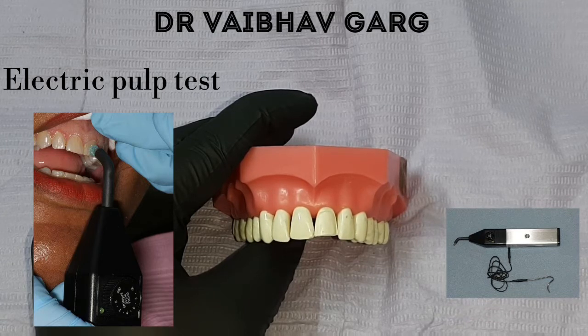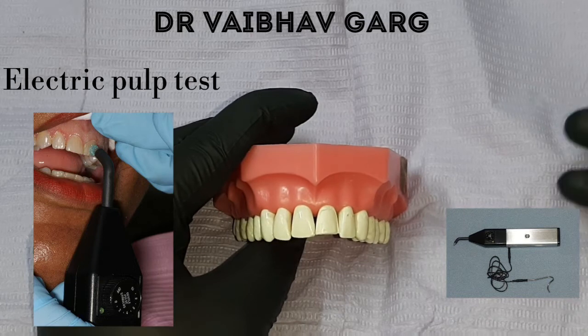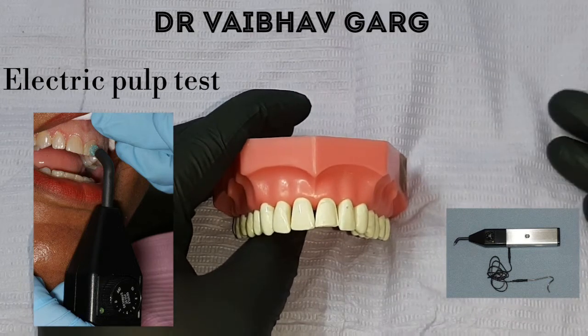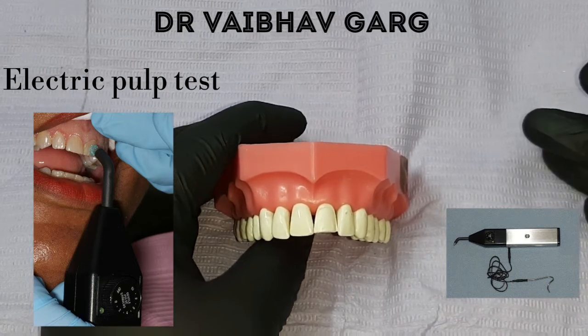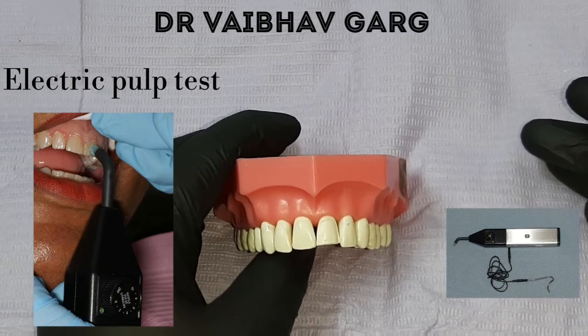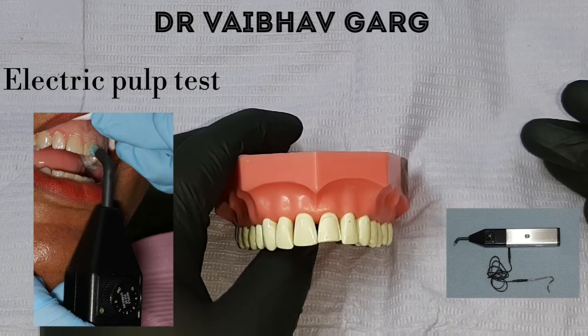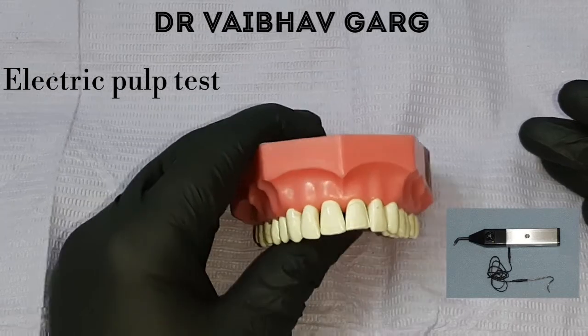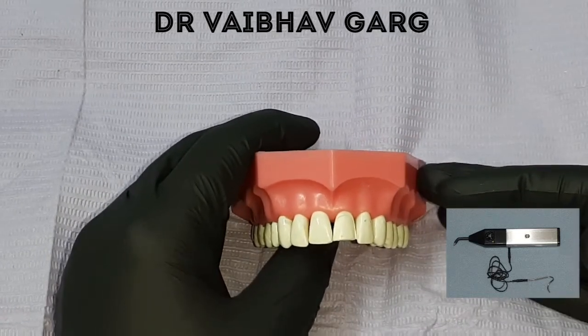There can be possibilities that it actually sees the nerve stimulation and not the vitality. The blood supply cannot be seen, or the vitality cannot be seen when you're using the electric pulp test.